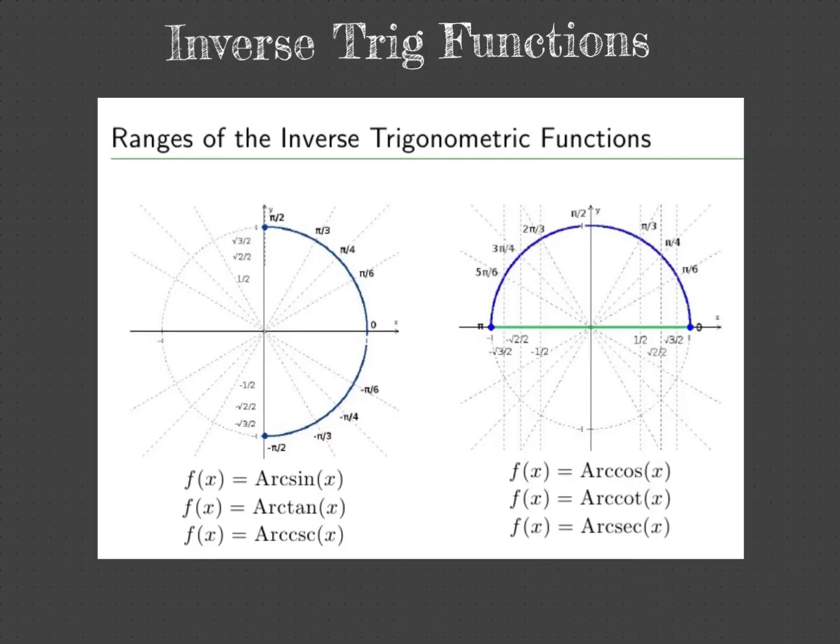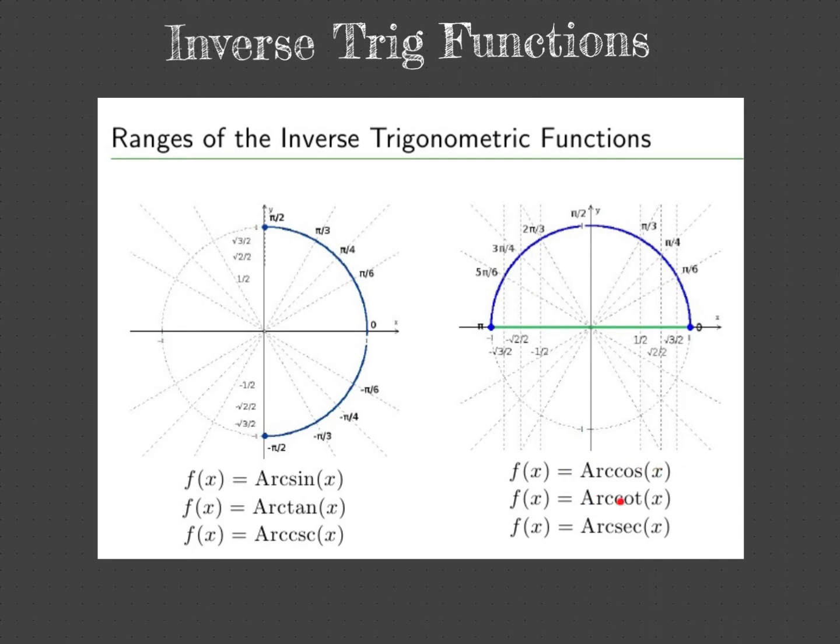All right, here's a really cool graphic that I like. I'm not going to explain this one super fully just yet. I do want to get into some examples, but this is a way to show the different ranges of the trig functions. We saw that the arccosine had a range from 0 to pi, and that's why this part's highlighted here, because on the unit circle, from 0 to pi means quadrants 1 and 2.